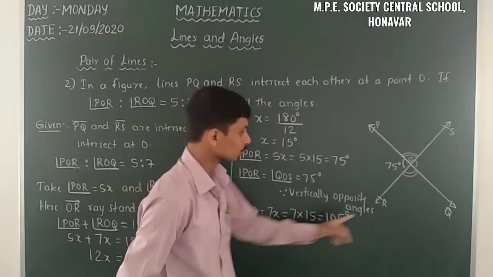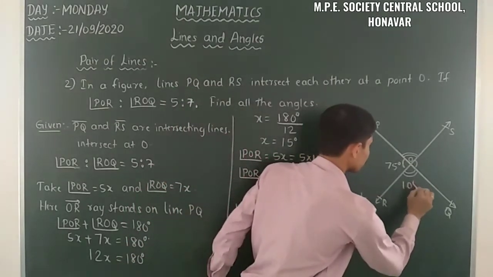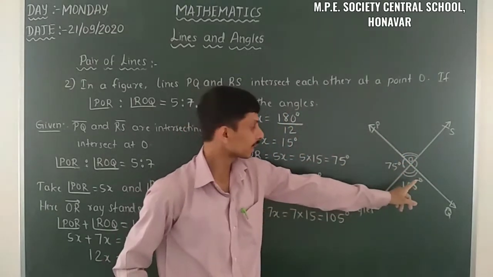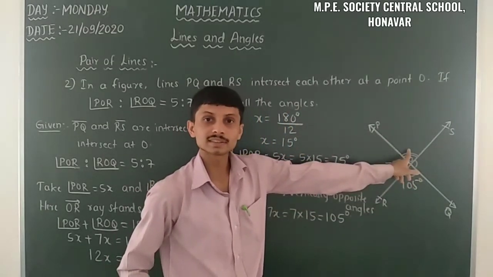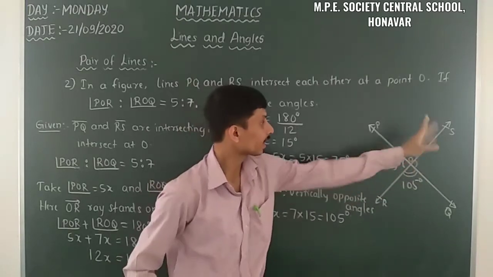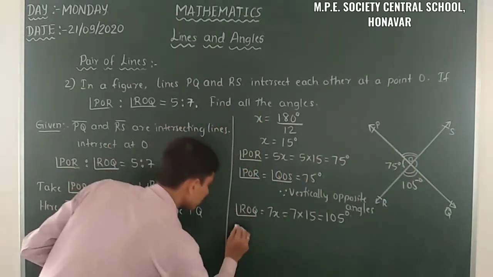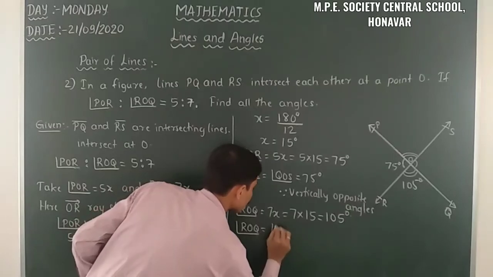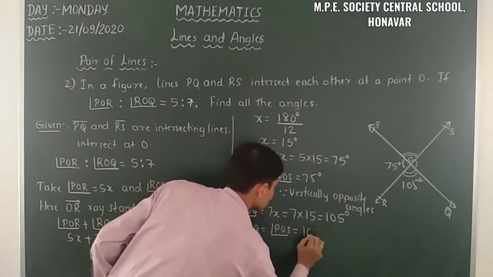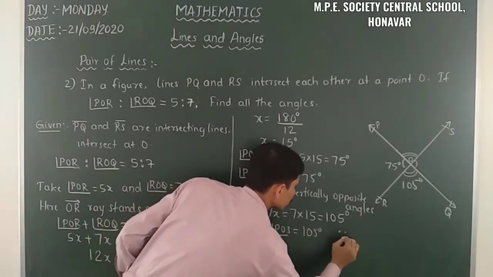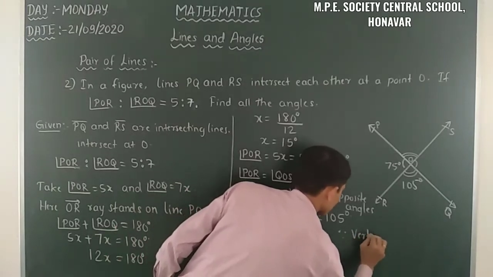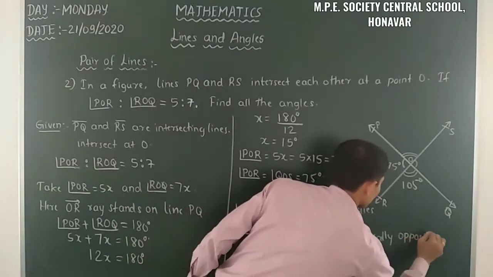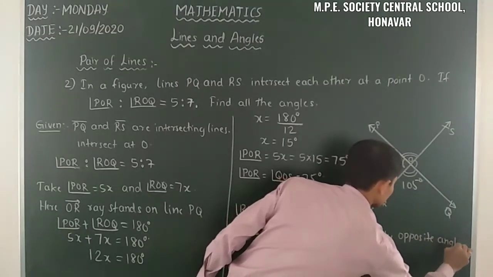So when ROQ is equal to 105 degree, when two rays intersect each other, then the vertically opposite angles are equal. So that's why angle POS is also 105 degree. Angle ROQ is equal to angle POS is equal to 105 degree, because vertically opposite angles.